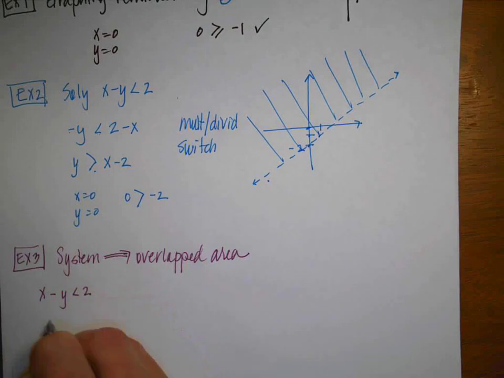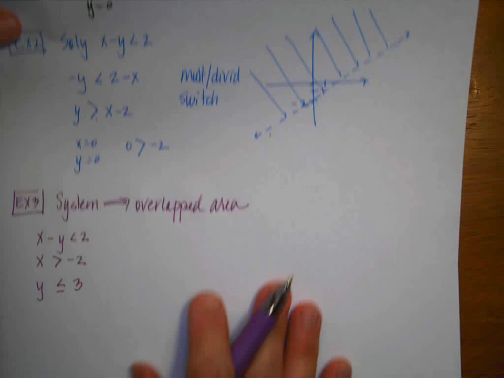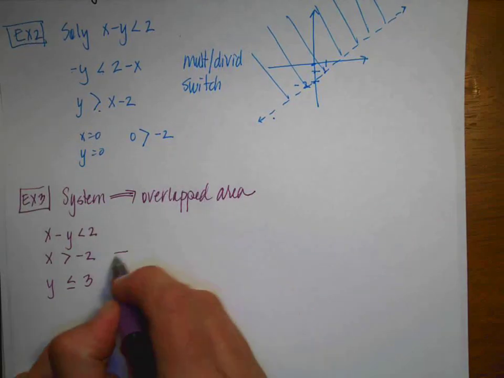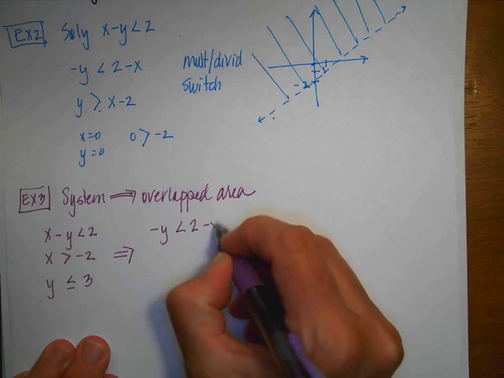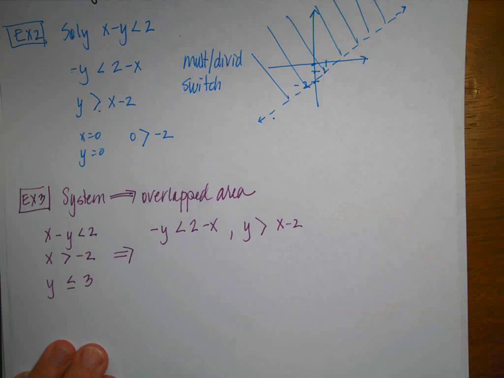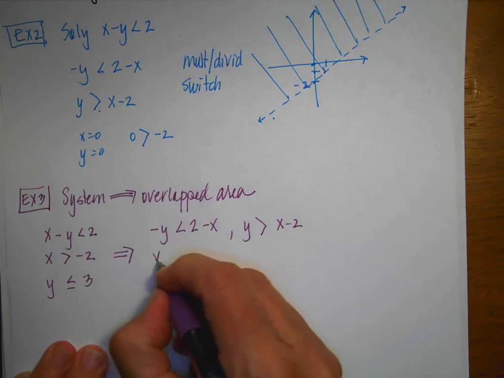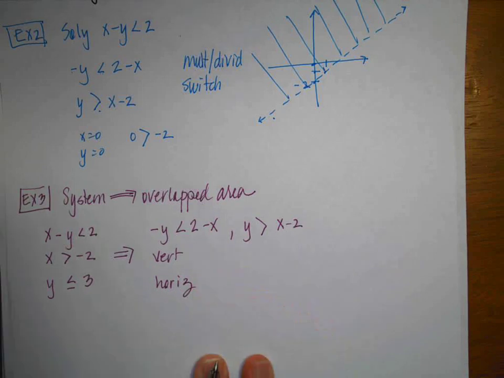I have x minus y is less than 2, x is greater than -2, and y is less than or equal to 3. So I'm going to rearrange these equations to make sure that they are in standard form. So this one is -y is less than 2 minus x, or y is greater than x minus 2. This is a vertical line, and this is a horizontal line.